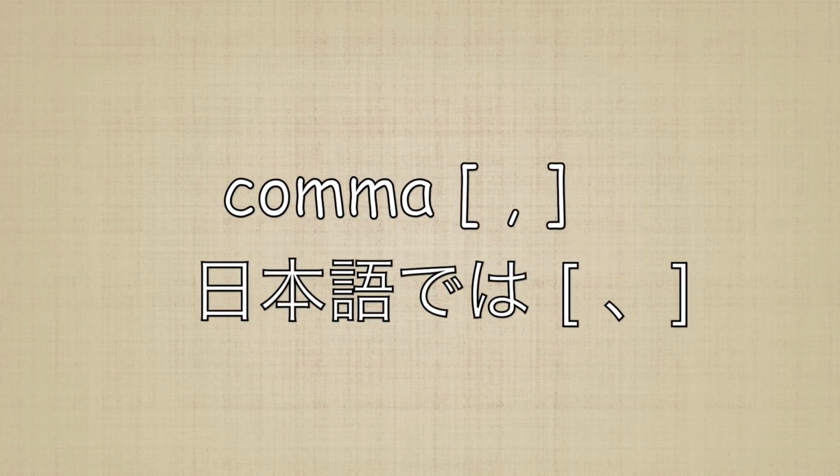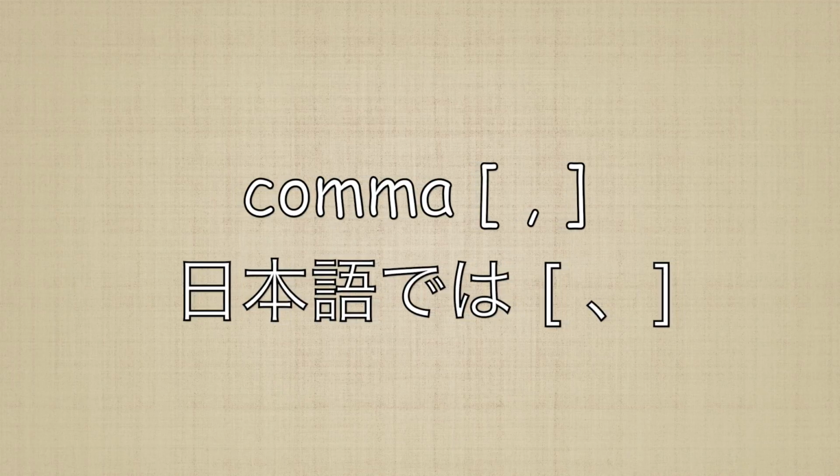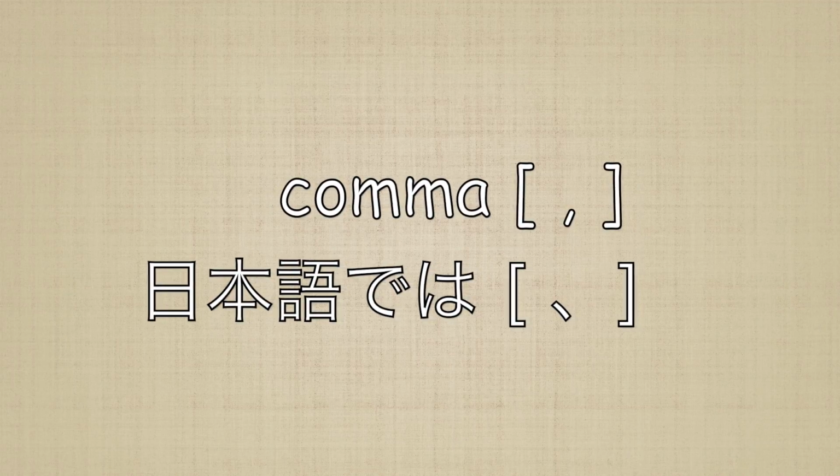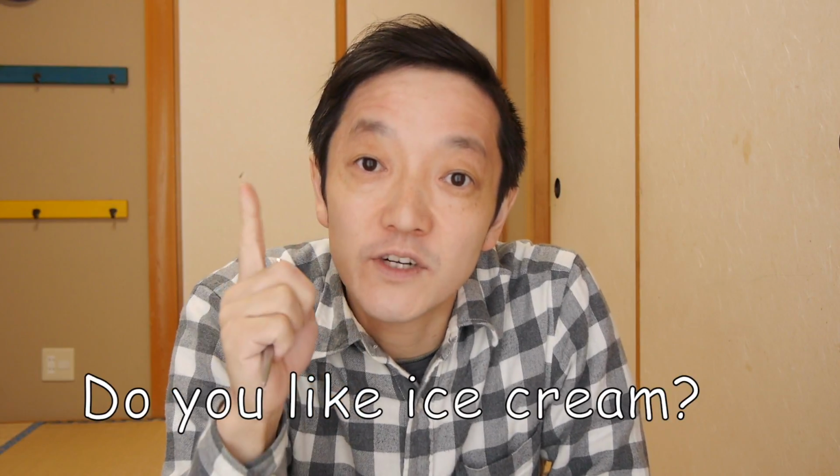Next one. We're going to have a look at comma. There are many uses for commas. We're going to have a look at two different meanings of commas. The first one is the answer to a question. If I ask you a question and your answer is yes, no, for example, if I say, do you like ice cream?